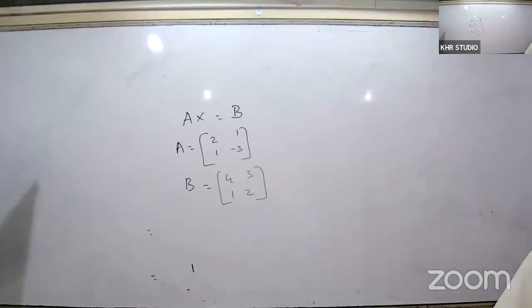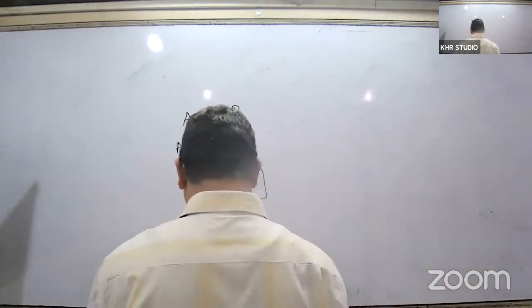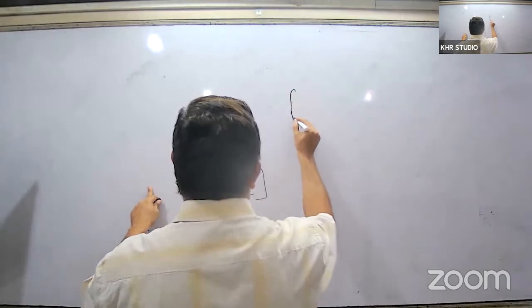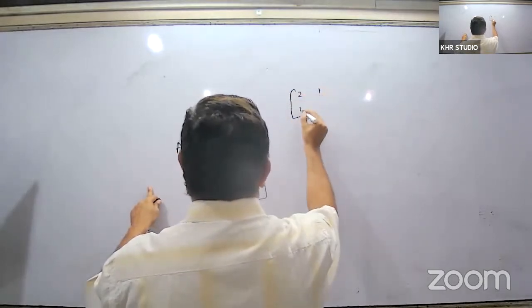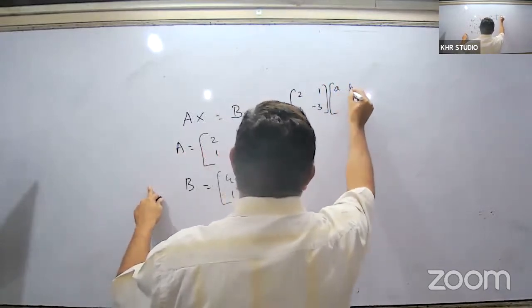First and foremost, what is the order of X? 2 by 2. Then continue. The order of X is 2 by 2, so write a matrix of 2 by 2. You can take, let's say, a, b, c, d.